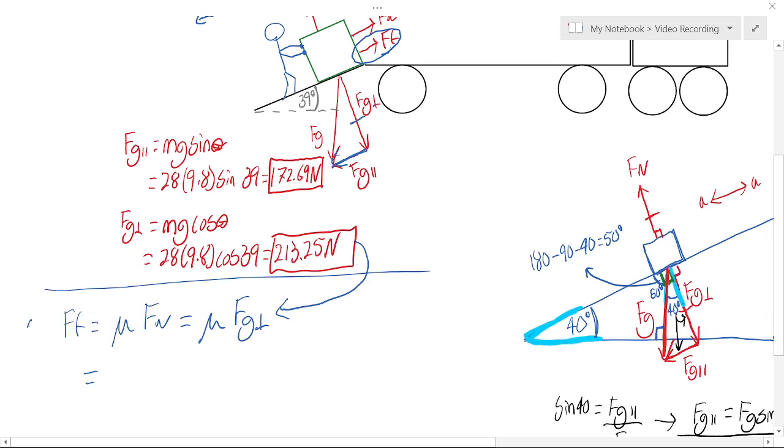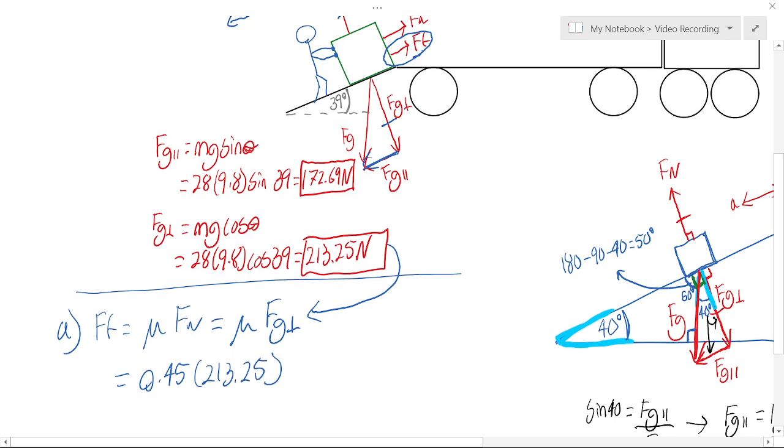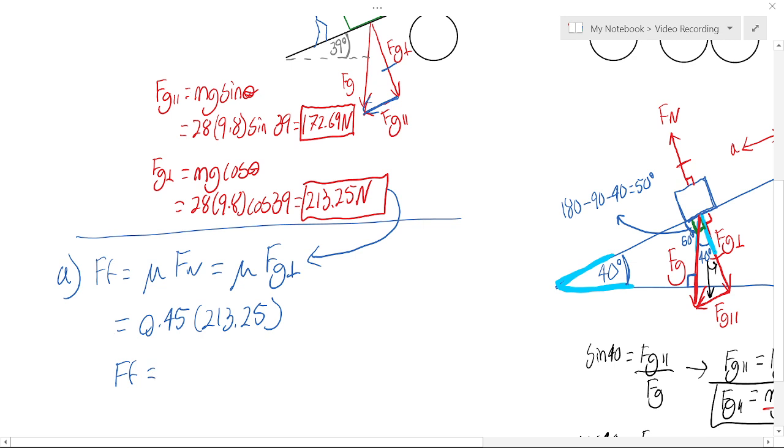So I can just, sorry, this is part A. I can go ahead and multiply mu, which is given in the question as 0.45, times Fg perpendicular, which is 213.25, and I find that friction is equal to 96 newtons.